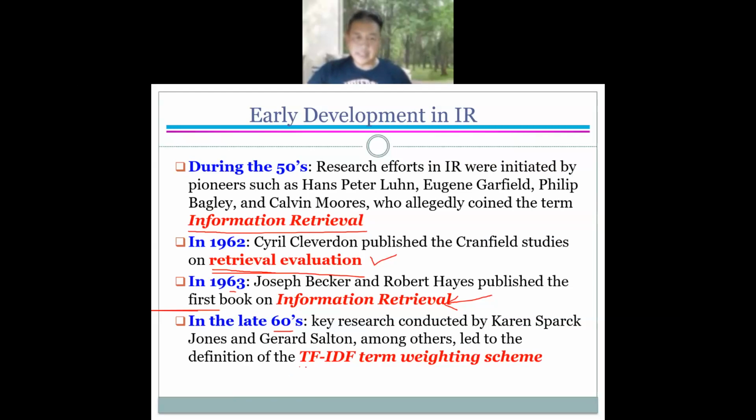So they introduced this technique, TF-IDF, a weighting scheme. This TF-IDF is used to represent documents. We will study this one, don't worry. So this is how you represent a document in digital format.